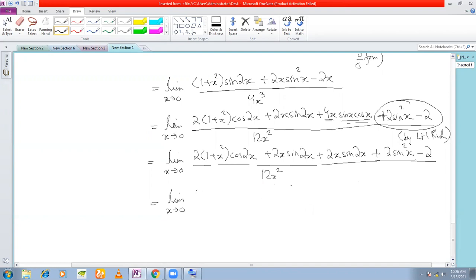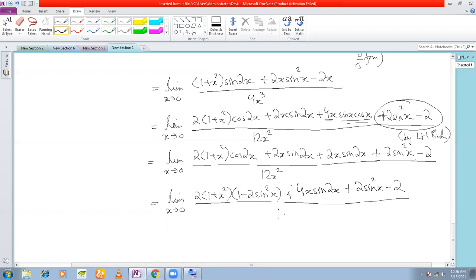If you simplify this, you have twice 1 plus x square into 1 minus 2 sine square x, plus 2x sine 2x and 2x sine 2x, they combine to give you a 4x sine 2x, plus 2 sine square x minus 2, whole divided by 12x square.